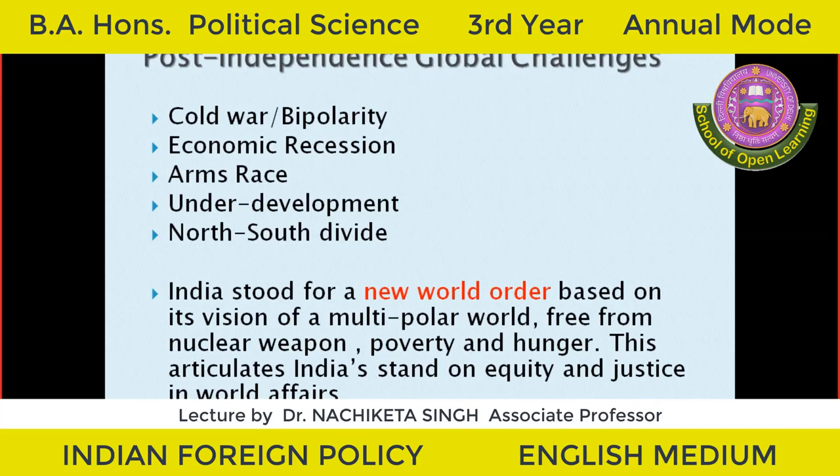But that is a different issue, that the state had greater role in the economy earlier, and that had also a lot to do with India's foreign economic policy in the post-colonial era. But later on, since 1990, we have seen how the role of the state has diminished to a great extent. So that is a different aspect of the foreign economic policy, which I will discuss later.